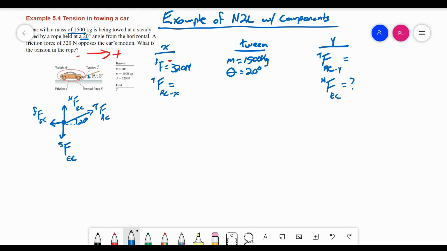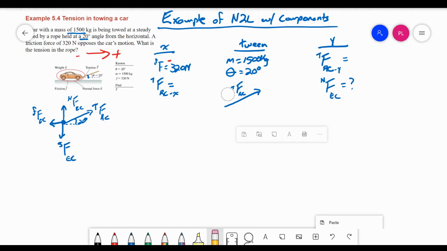So with that, that gives us a few other things as well. If we're going to try to find the force of tension, I'm going to use this tweener space to also say, hey, this is the force that we're actually looking for. That T should be up a little bit more. I don't know, this eraser sometimes is sketchy. That worked okay. So that force of tension is up at an angle.